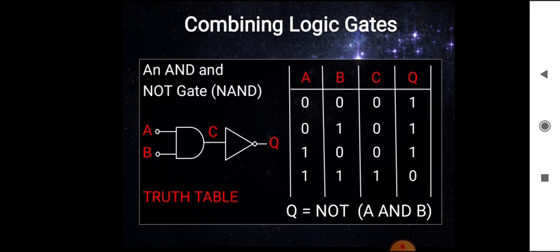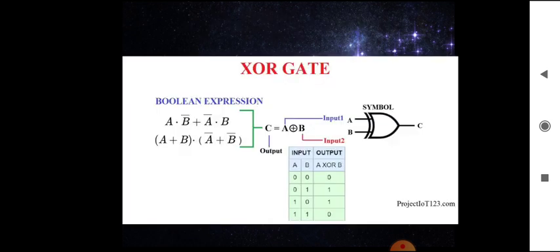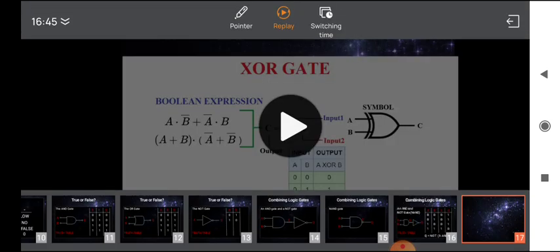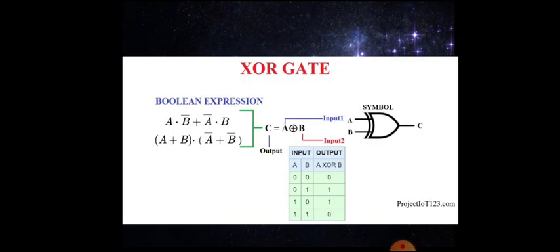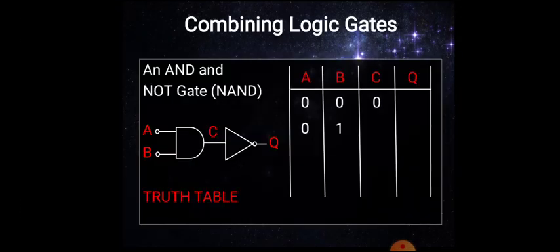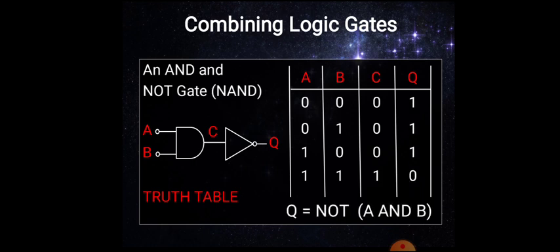Okay, so coming to another combination of logic gates. Here it is not shown, but we have another logic gate, that is the NOR gate. When we combine the OR gate with the NOT gate, we will get the NOR gate.